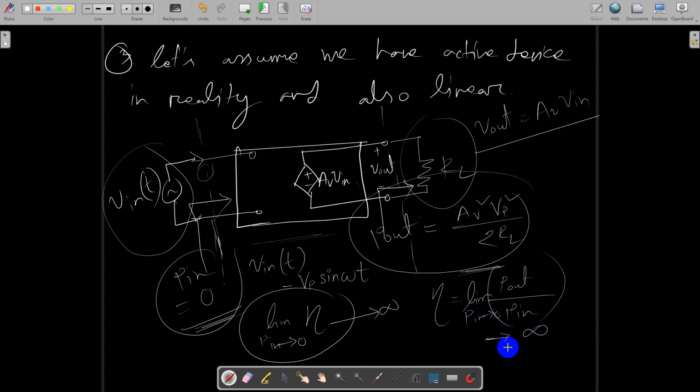This is quite impossible. We can't make an equal sign to infinity. It is a concept; infinity is not a number. Now the question is, is it possible to generate energy from nothing?